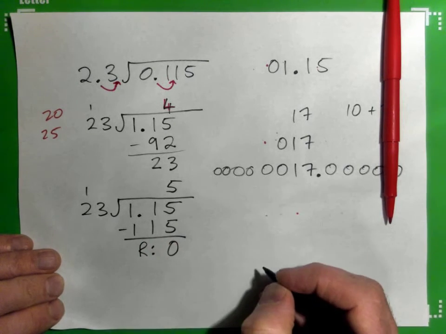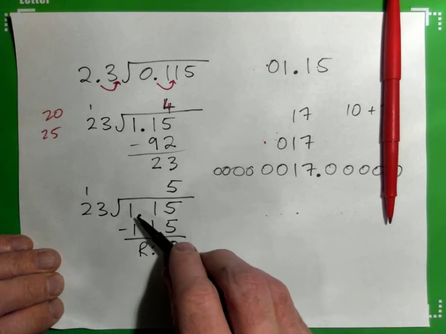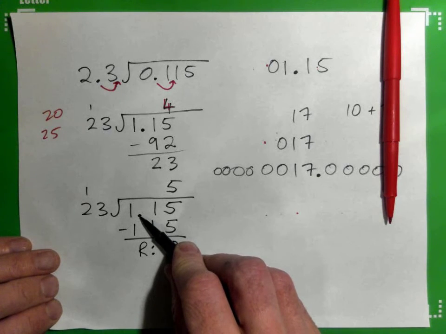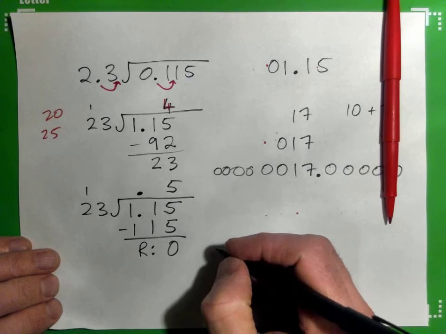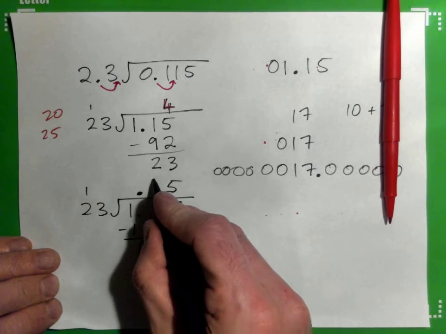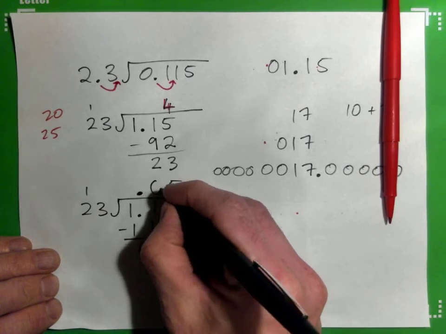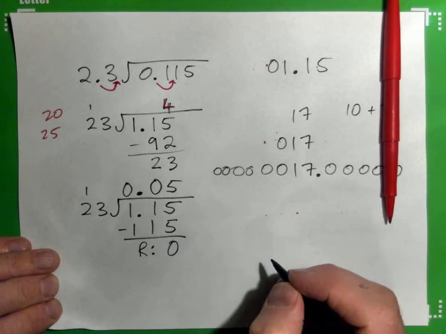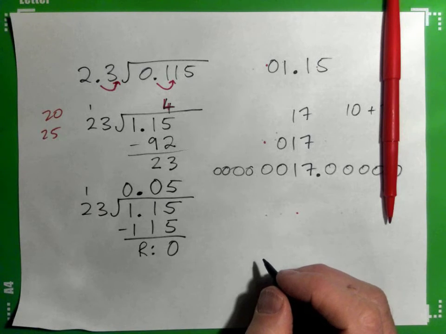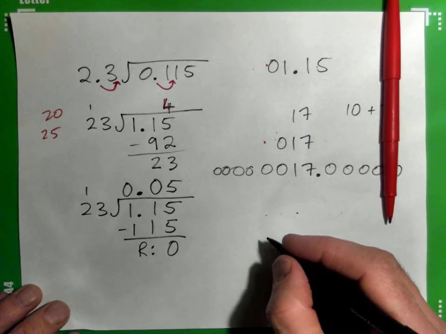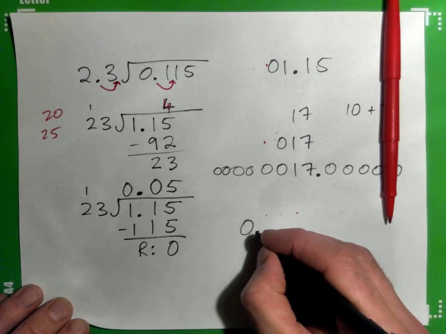Remainder is 0, right? How do we deal with this decimal point though? That goes up there. And I should have a 0 here, right? And a 0 here, right? Yep. So that is actually 0.05. That's what the answer is there. 0.05.